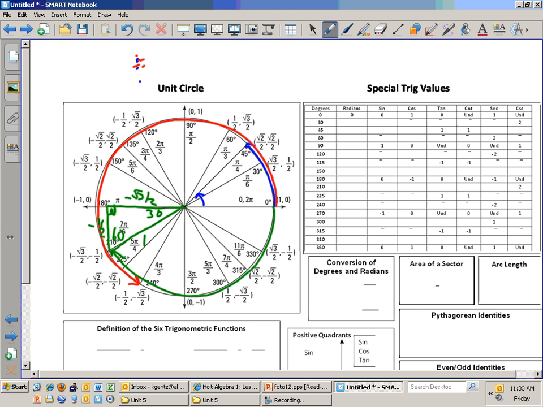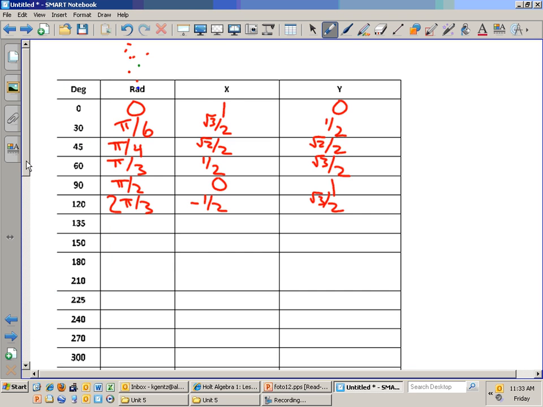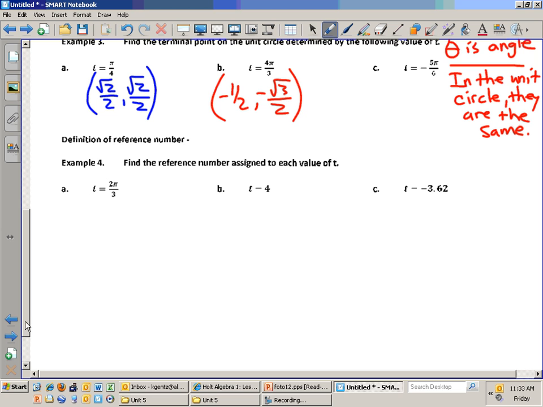What I just did there, if you could do that, you are A+ understanding for the day. So I go back to my sheet, and I write this down. Negative square root of 3 over 2 and negative 1/2 is my point.